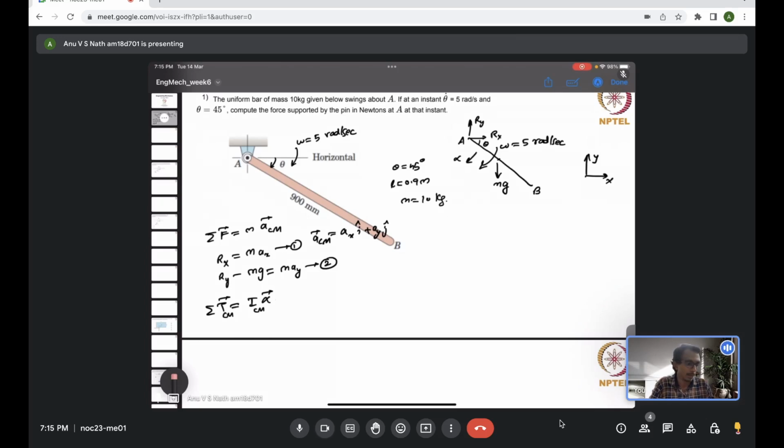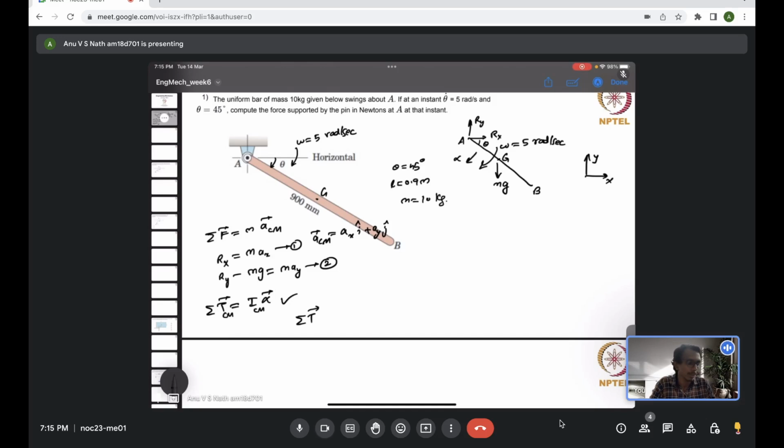This formula will be valid, and this formula will also be valid if I take the torque moment about some other point which is fixed. So here, the center of mass, which let me denote as capital G, is actually in the middle of the rod.